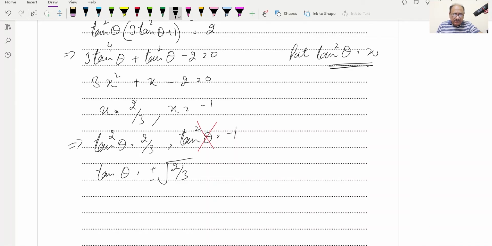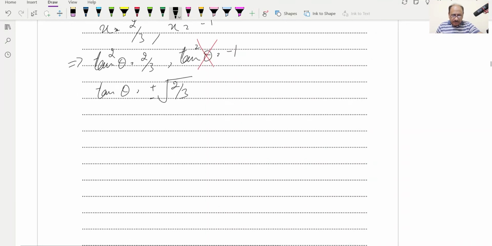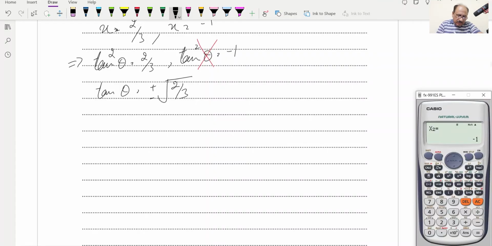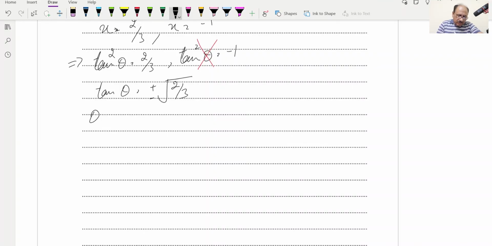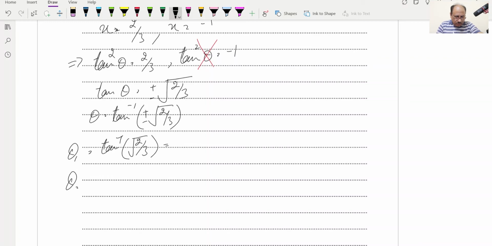Now plus minus under root of 2 by 3 we can solve, and this will be equal to what? We can write tan theta is equal to tan inverse of plus minus under root 2 over 3. Theta 1 we can write as tan inverse of positive under root 2 over 3, and theta 2 we can write as tan inverse of minus under root 2 over 3.